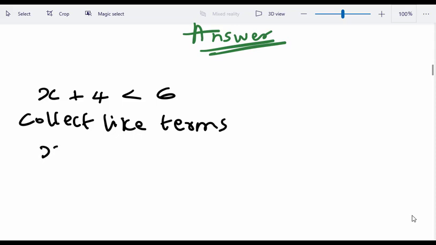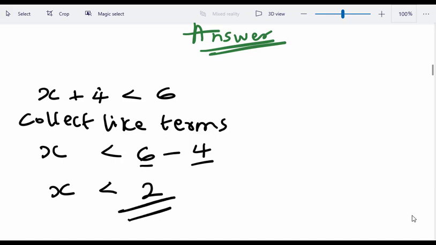When you do that, we have our x less than 6. This plus 4 will cross this inequality sign, which is less than. When it does that, it becomes minus. We then have x less than 6 minus 4, which will give us 2.